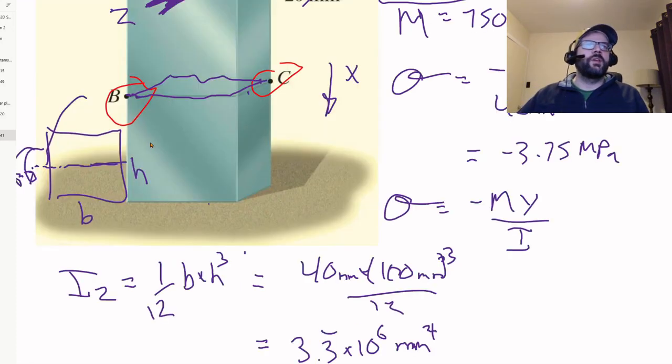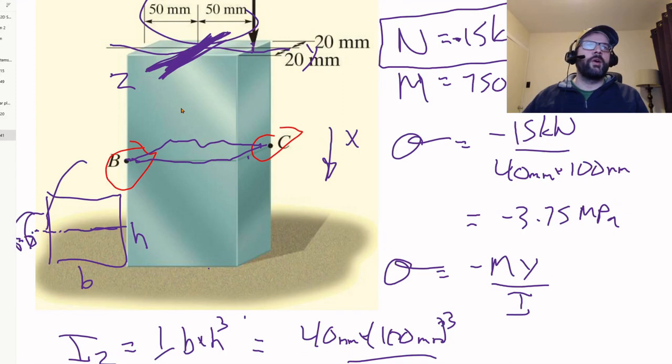So this is going to be a positive bending moment. When we're measuring y in this direction and y is increasing, we get more compressive at the top, which isn't surprising at all because we're applying a big compressive force immediately above that.